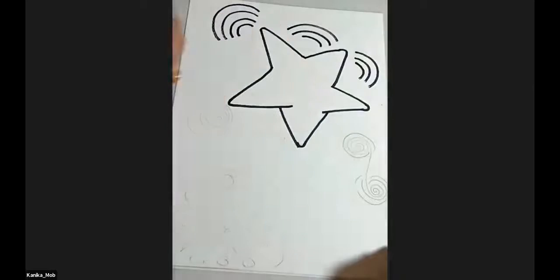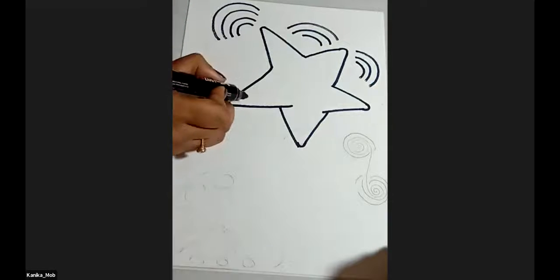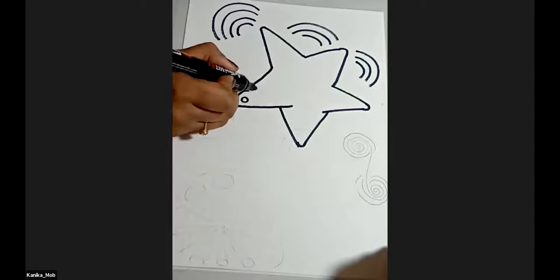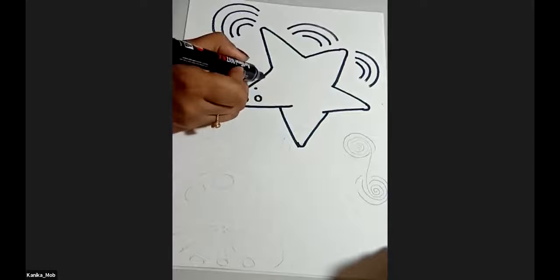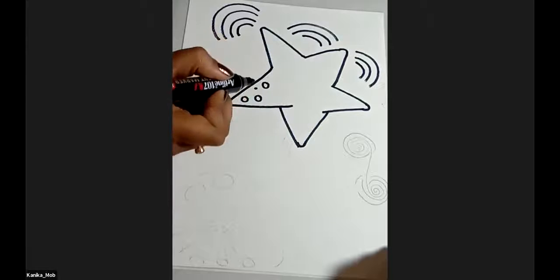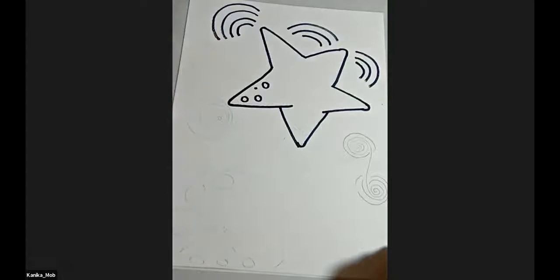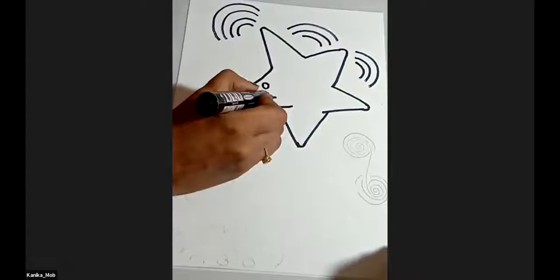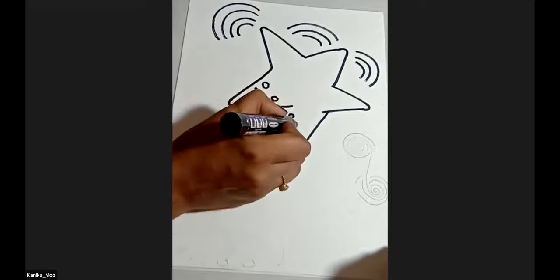My starfish is made. You would have seen starfish have this texture all around them. How do we denote that texture? Maybe with dots or some circles. Let's try some circles on its body and the dots too. You can make the dots later with the pen, okay? Right now with a pencil, you can just make the circles all around.